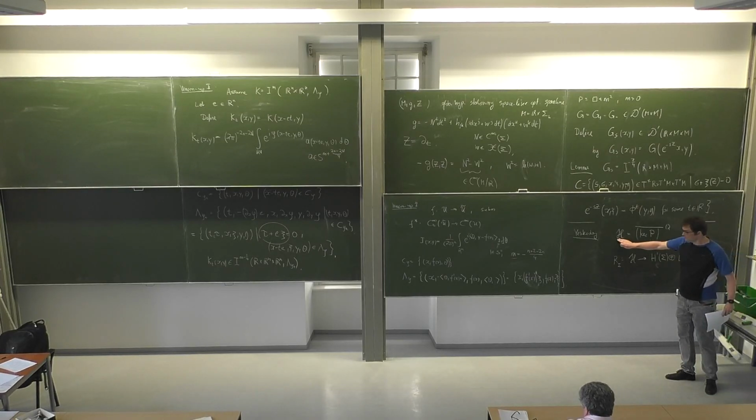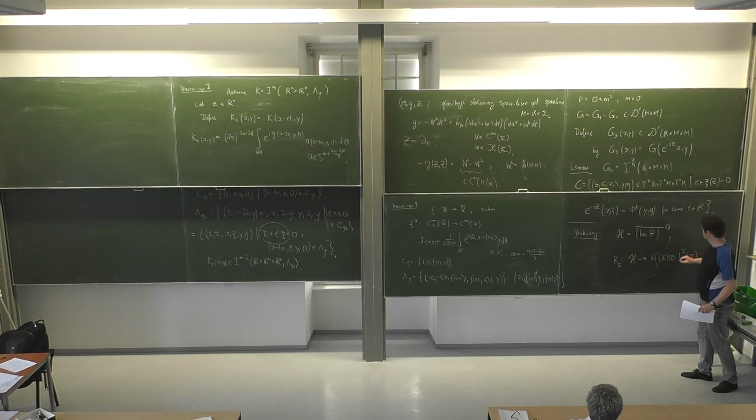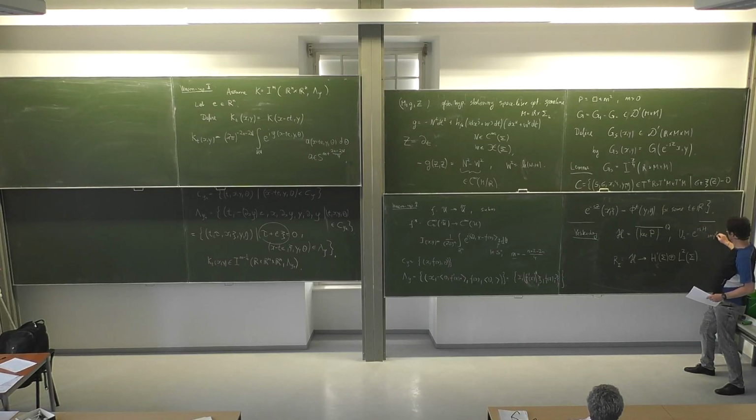And on this Hilbert space, we had a unitary operator, a one-parameter group, which implements the Killing flow. So U of s is equal to e to the isH. What does it mean?